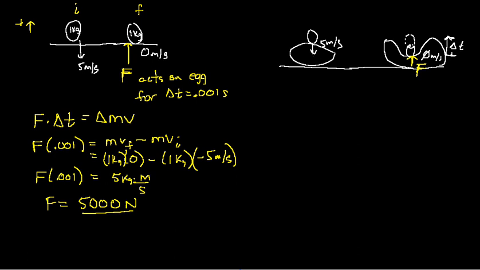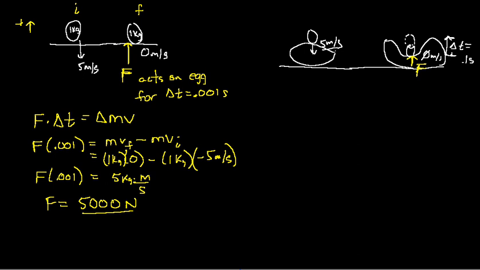So it takes longer, in this case, to stop the egg. The egg just hits the pillow at 5 meters per second, and now it's going to take a little bit longer. Let's say it's going to take only 0.1 seconds to slow the egg down to 0.